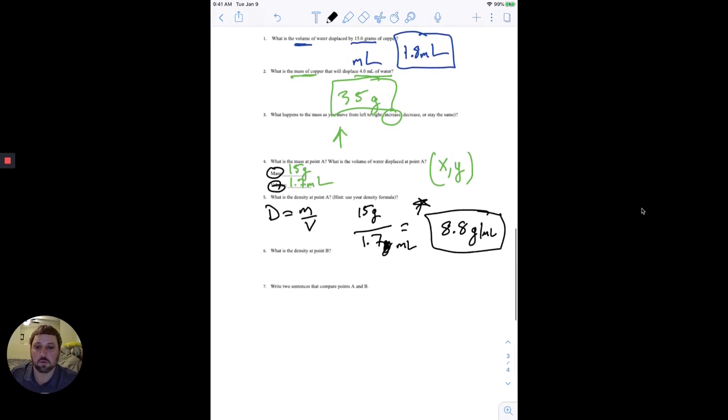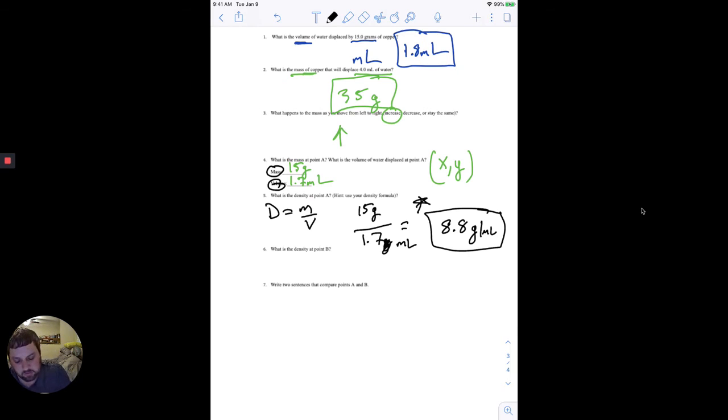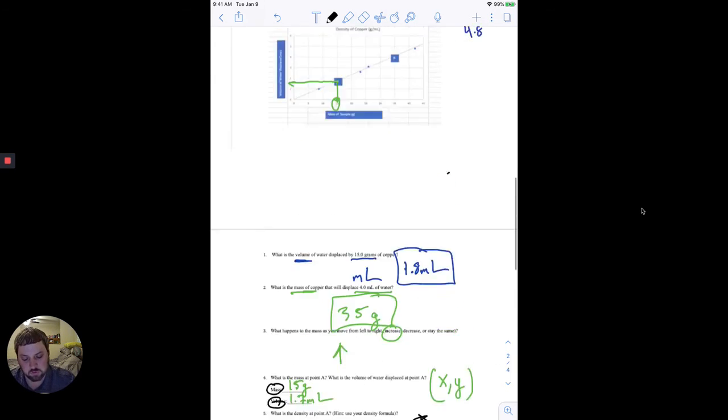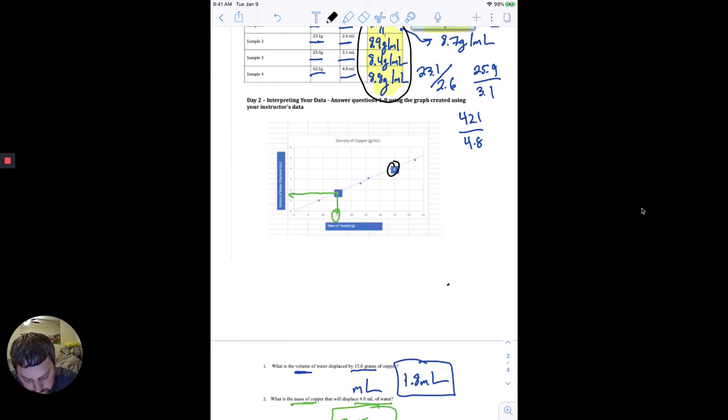Okay? So what is the density at point B? Well, again, just like for point A, we had to first find our mass and our volume. So let's go to B. Let's come down, and we can see our mass is about 35 grams. Let's carefully follow this over, and we can see that our volume is about 4 milliliters.